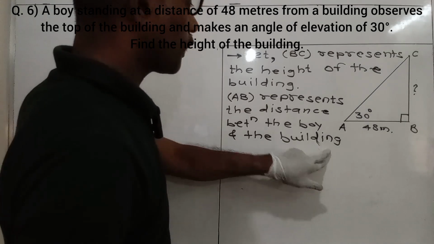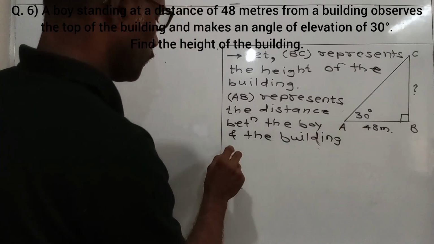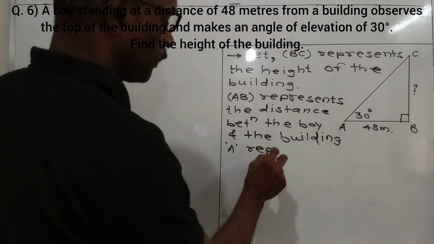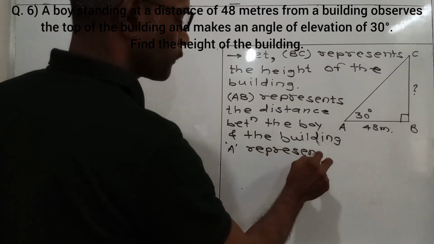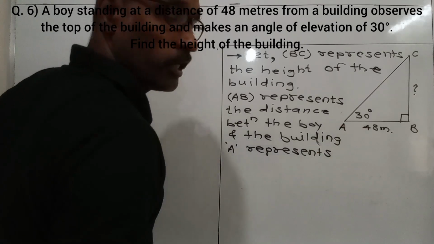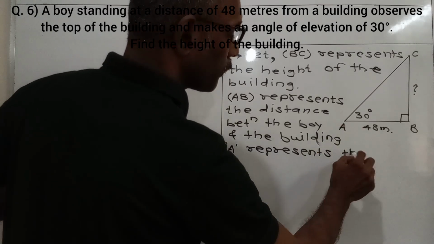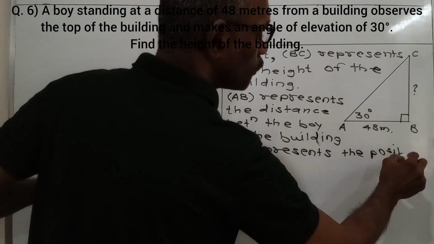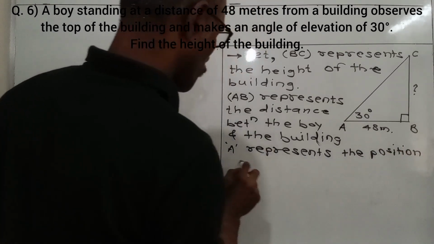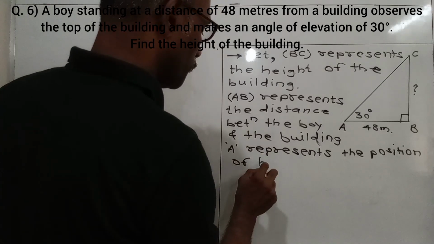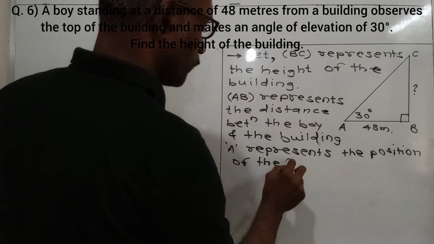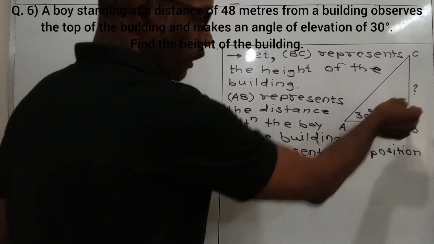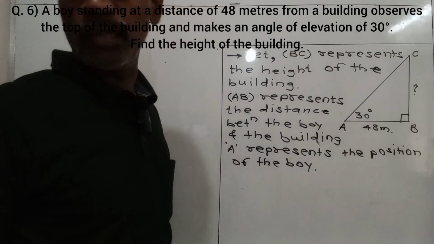And A represents the position of the boy. Now the question: find the height of the building.